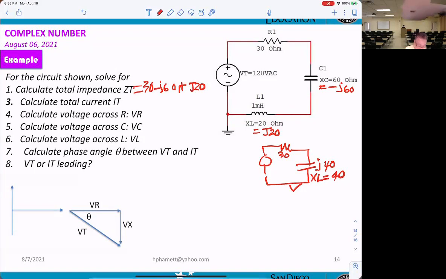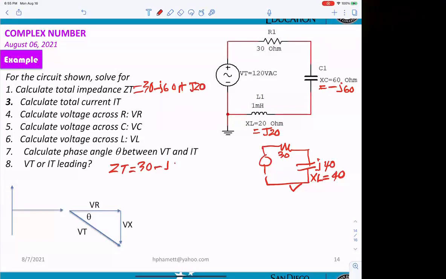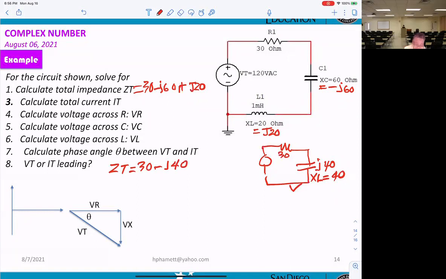So finally, Z equals 30 minus J40. Then you convert into the polar. That means you get the square root of 30 squared plus 40 squared.